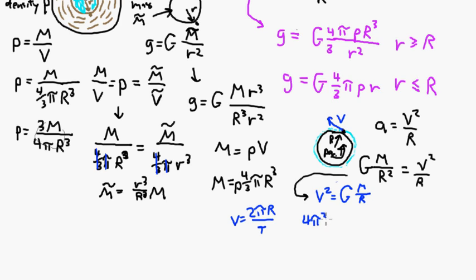And then this comes out to T squared equals 4 pi squared r cubed over big G big M. Right, and then you can take the square root if you want, but that's what it is.